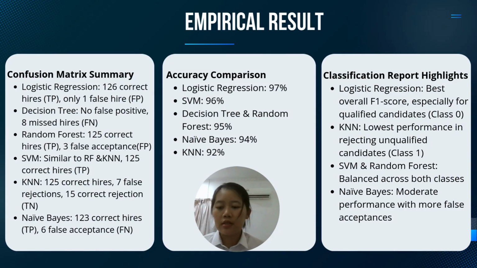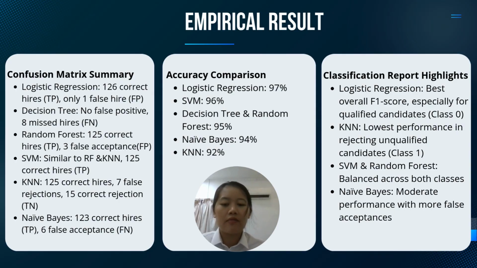For random forest, it has a balanced performance with 125 correct hirings, 3 false rejections, and 4 false hirings. Support vector machine provides a similar result to random forest, with 125 correct hirings, 2 false rejections, and 4 false hirings. KNN identifies 125 correct hirings and 15 correct rejections, and 7 false rejections and 4 false hirings.